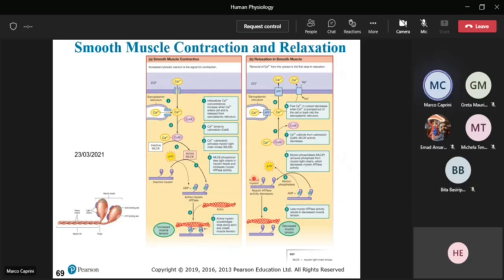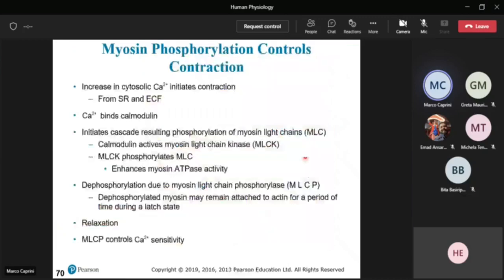In physiology, sometimes the important point is the ratio between the two activities, okay, phosphatase and kinase. Obviously, if the kinase activity is higher compared to phosphatase, the muscle contracts. If the phosphatase is higher, the muscle is released. Okay, it's always the ratio of the two components.